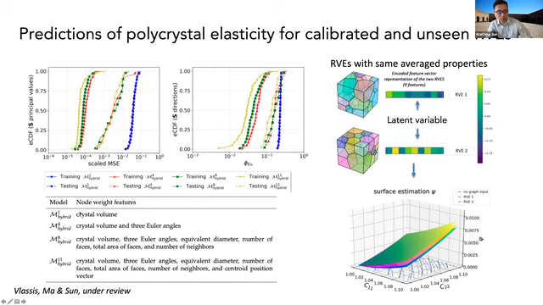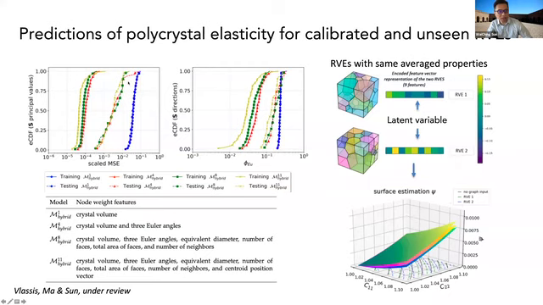So in the M1 scheme, the graph is using only the crystal volume as the weight of the graph. So this is only a single vector that is put into the convolution. And what we get is the blue curve.